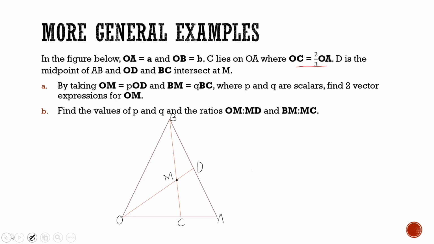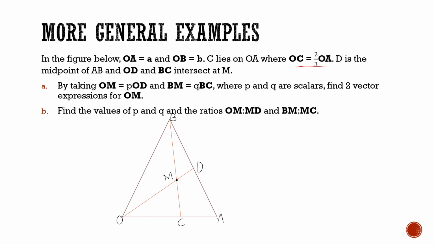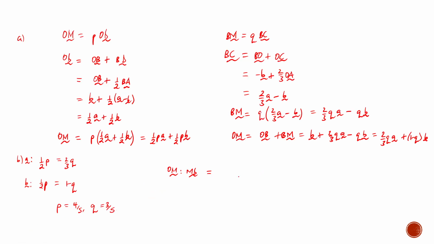If you're asked to calculate the ratio of the vector OM to MD, OM is P of OD, and we got that P is 4 out of 5, so MD would be a fifth of OD.